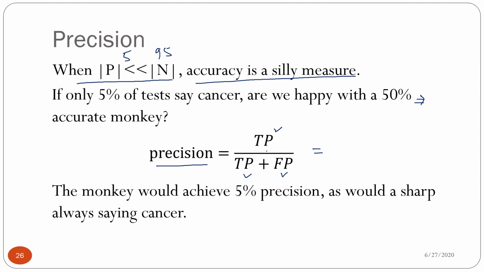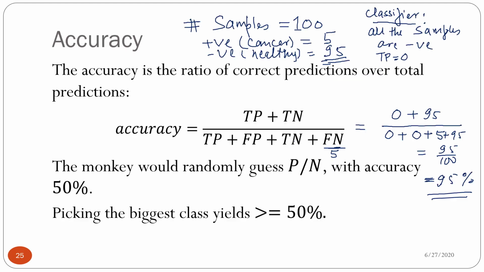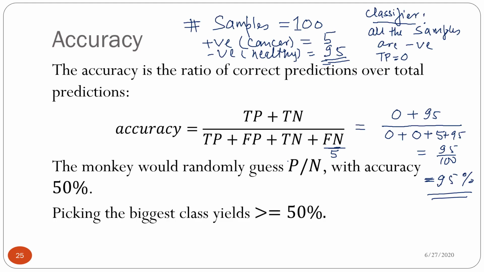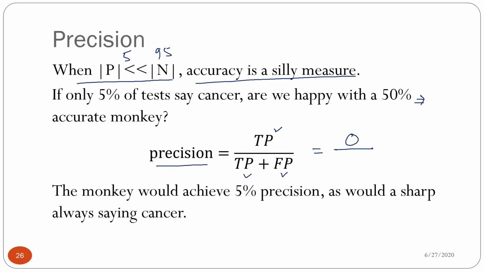So if we put this formula in the previous case, what value are we getting? Our true positive is 0, right? So this will have 0 precision.